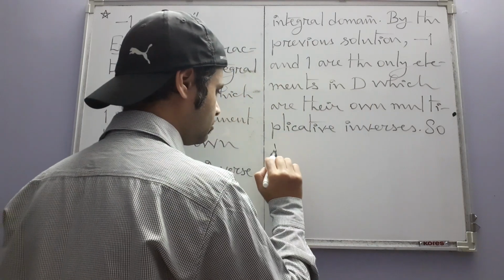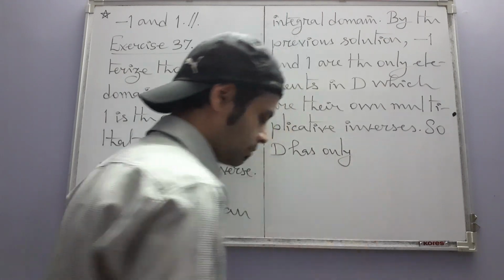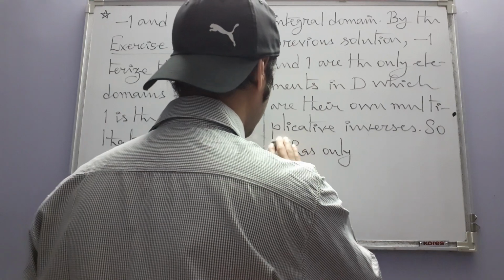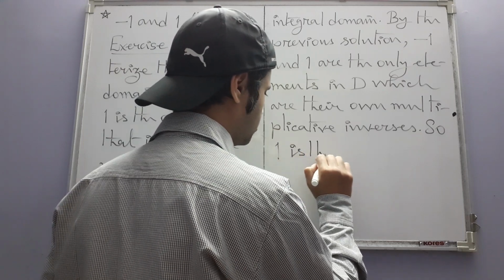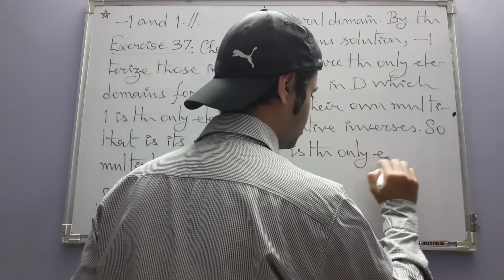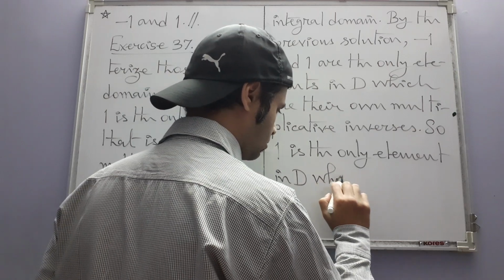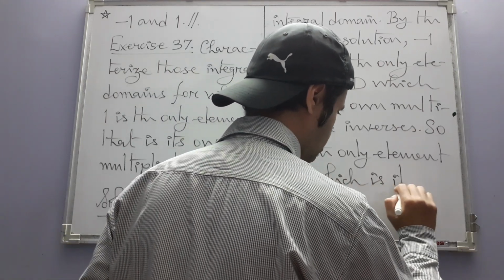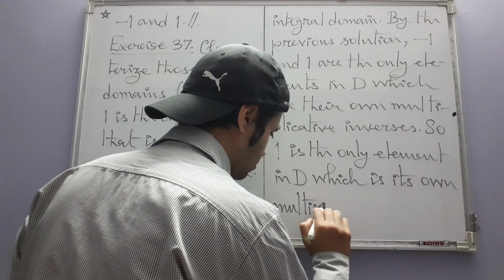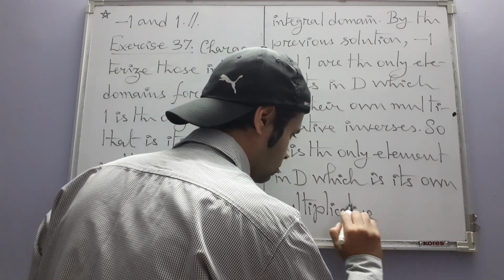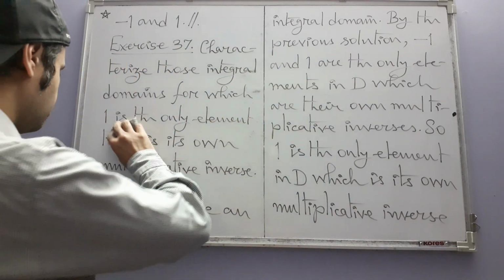So 1 is the only element in D which is its own multiplicative inverse if and only if -1 is equal to 1.